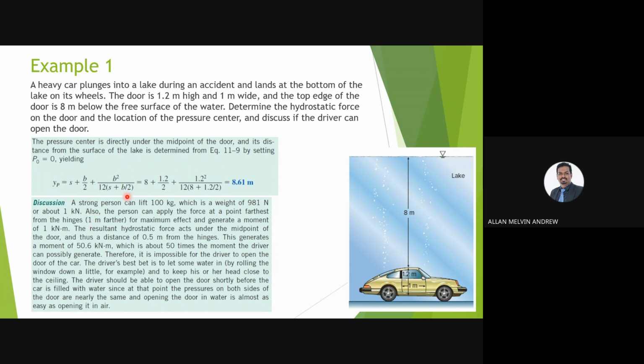This is from the previous slide. Yp equals S plus B over 2, plus B squared over 12 times S plus B over 2. This is already derived for you; you just need to use it. S is 8, the distance from the surface to the top, and B is 1.2.